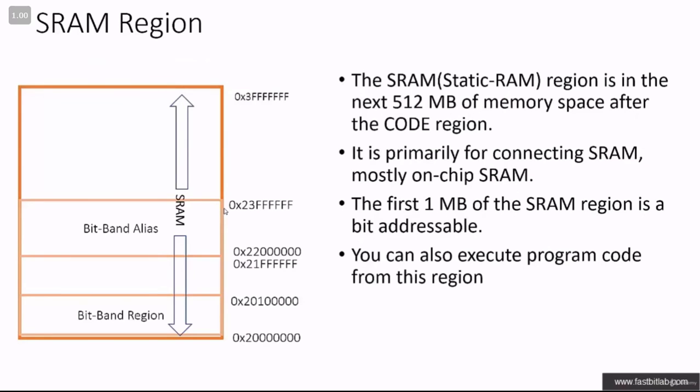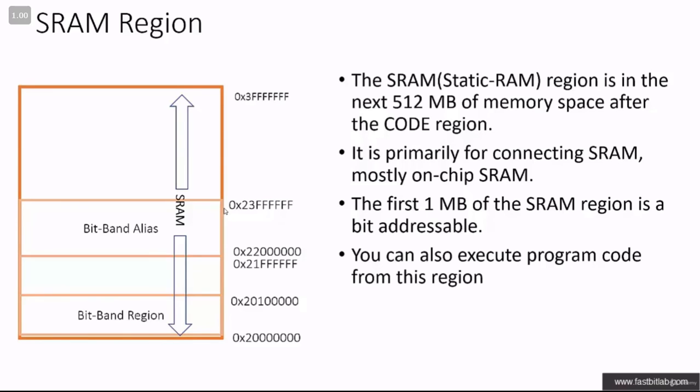Let's move to the next region, that is the SRAM region. The SRAM region is in the next 512 MB of memory space after the code region. It comes right after the code region in the memory map. This is mainly used for connecting SRAM, mostly on-chip SRAM.